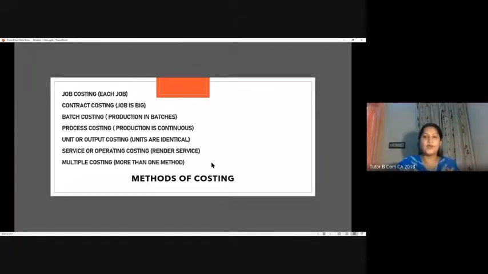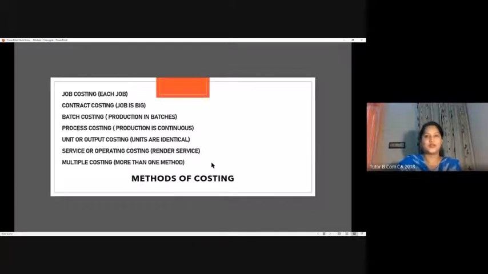I always tell my students to remember this concept: if you take a packet of biscuits, you can see the batch number, right? If you take a strip of paracetamol tablets, you can see the batch number in that. Which means the production has happened in batches. Accordingly, the computation of cost also has happened in batches.